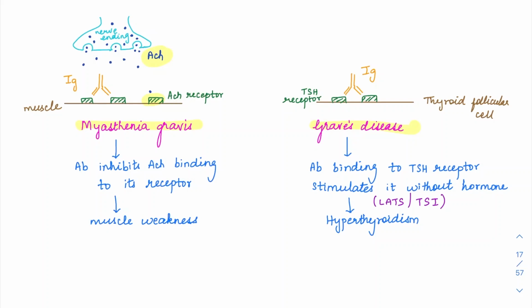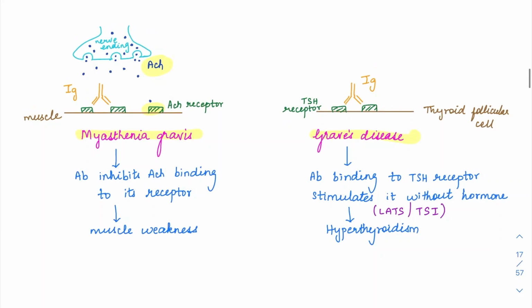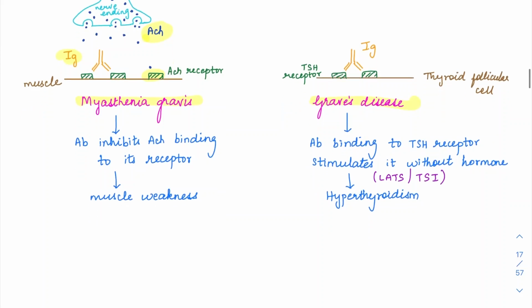But in this type 2 hypersensitivity reaction, there is going to be production of an autoantibody against this acetylcholine receptor. This immunoglobulin is produced against the acetylcholine receptor, and this will block the acetylcholine from binding to its receptor. So that will result in weakness of the muscle.